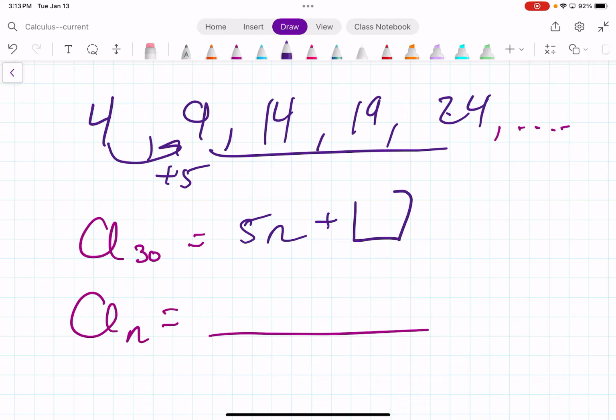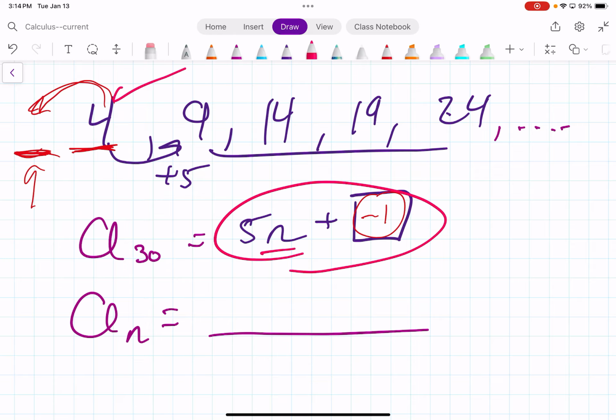This number here should have been, or will be, this number here if I go backwards. Can you think as to why? Like, so I'm saying, if I go backwards, that should have been a -1. And so that would be the term that preceded this first value. And notice that when n is 1, I do get 4. When n is 2, I do get 9.